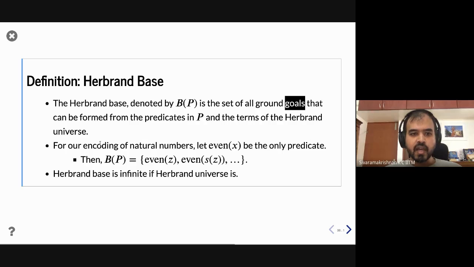So for our encoding of natural numbers, the constant that we had is z and the function s of x. Let's assume that the only predicate we are considering for now is even of x.